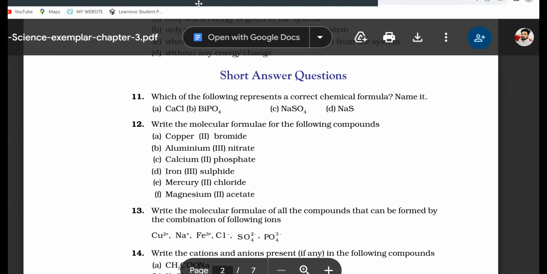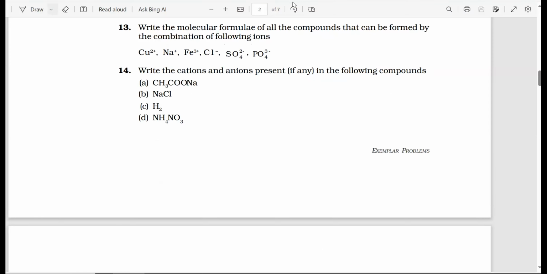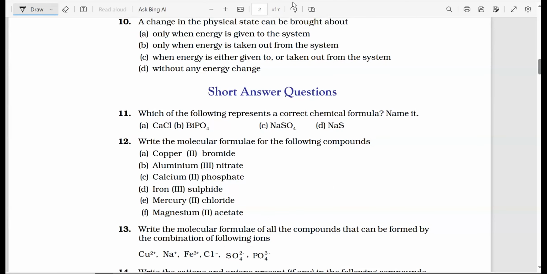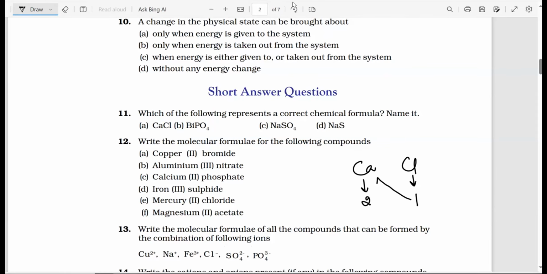Tell me which one is incorrect. Okay, let me help you. If it is CaCl, calcium has valency 2 and chloride ion has valency 1. So you cross multiply these two, you will get CaCl2. So this is incorrect.